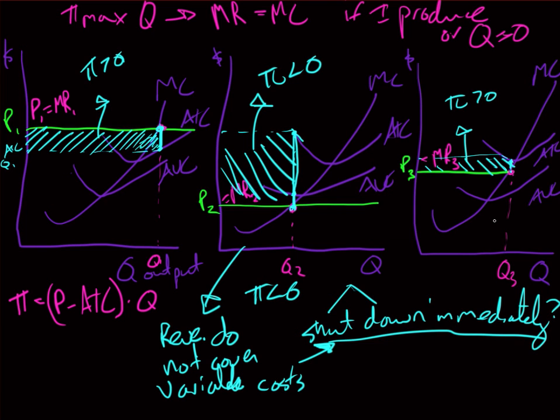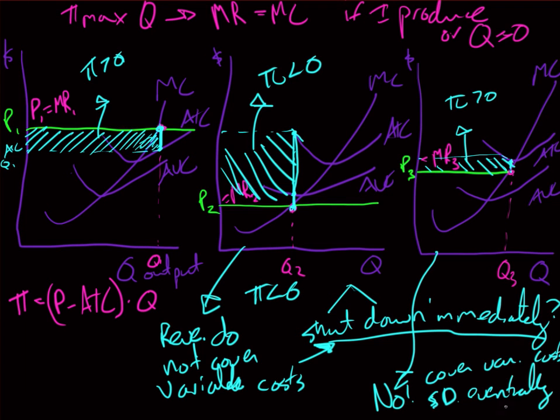Therefore, I am making money on that extra day, but overall I'm making losses because my rent is extremely high and other things are happening. So in this situation here, to the question, shut down immediately, I would say no, because I cover my variable costs. But probably shut down before we decide to negotiate for rent and everything else. So shut down eventually.